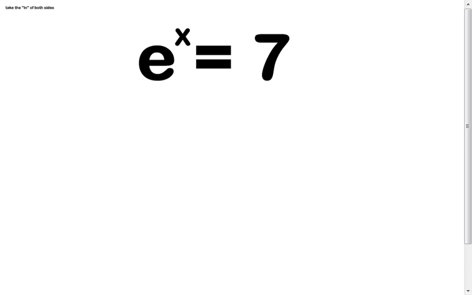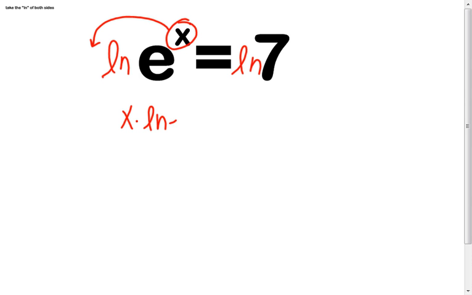All right, if I now have things with a base of e, instead of taking logs, you want to take the natural logs. That's the only thing that's different. So I have a base of e. I am going to take the natural log of both sides. And of course, all the rules apply. So this exponent right here will come out in front. So I will have x times the natural log of e equals the natural log of 7.